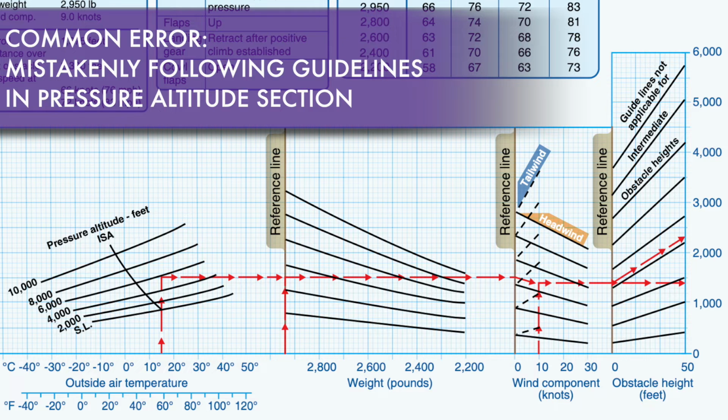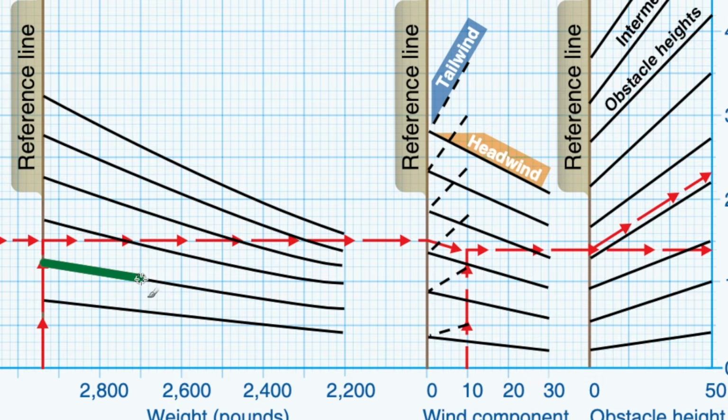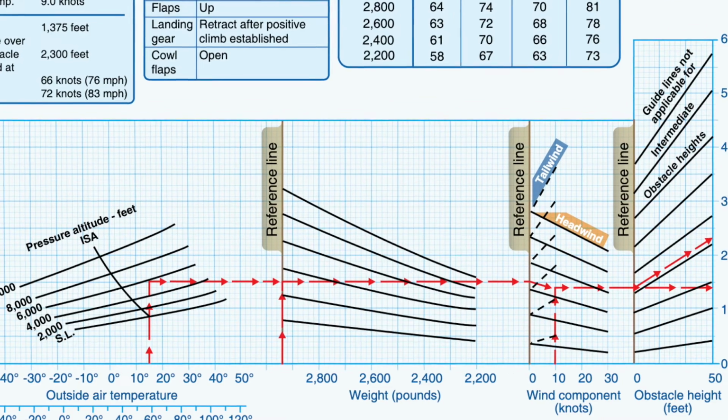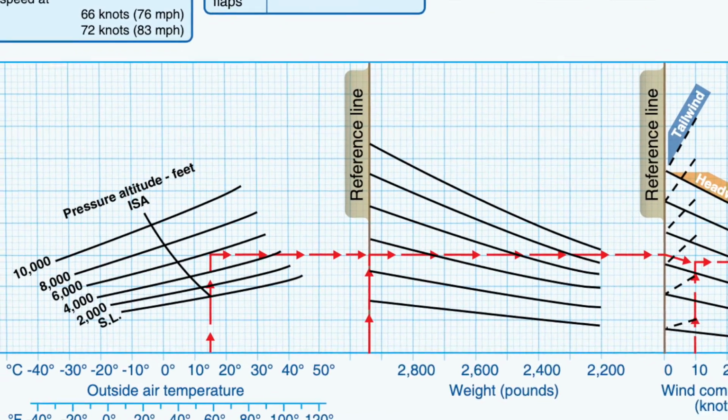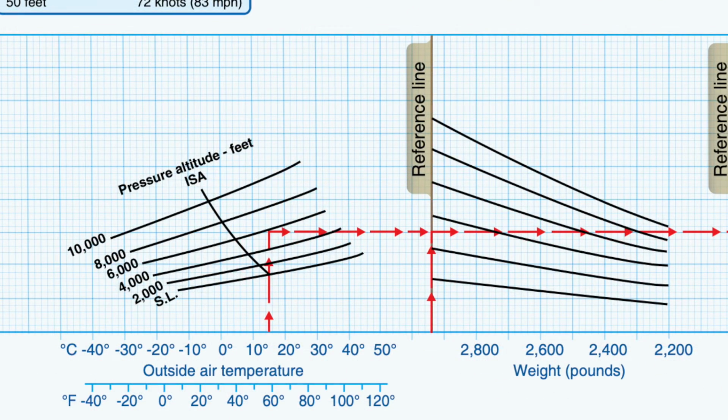Next tip will be exposing a common mistake made in the pressure altitude section of this chart. The pattern of traveling parallel along with the black guidelines is done for the majority of the sections. It can become so routine that there is a possibility, the risk, the danger of mistakenly applying this same pattern in the early section of the pressure altitude if we are not careful.